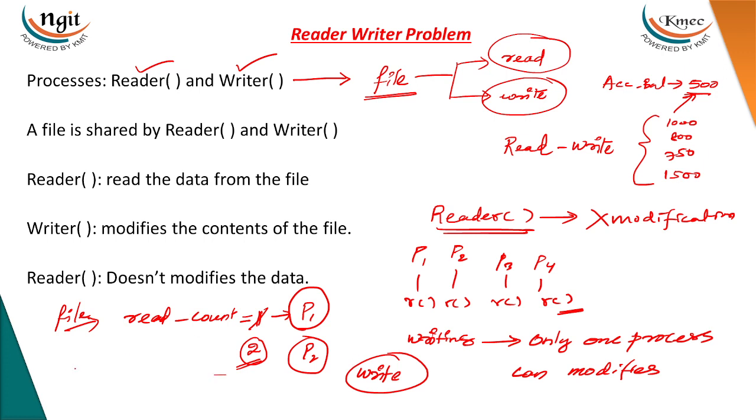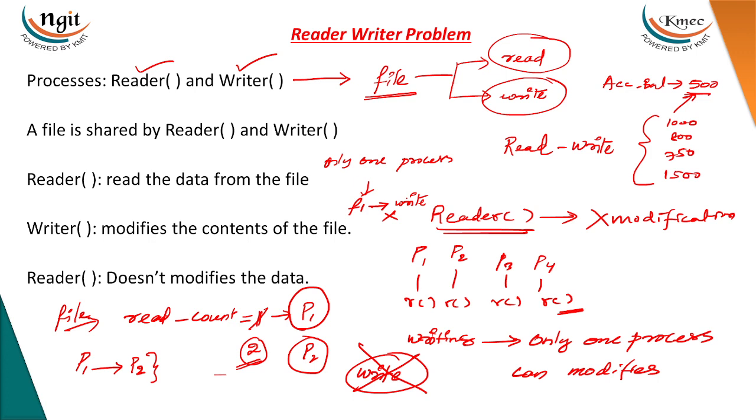When more than one process has read the file, you can allow read operations, but you cannot allow write operations. When a file is read by only one process, that process can modify the contents. If multiple processes have read it, even they cannot write the data. So when multiple processes have read the data, we disable the write operation.